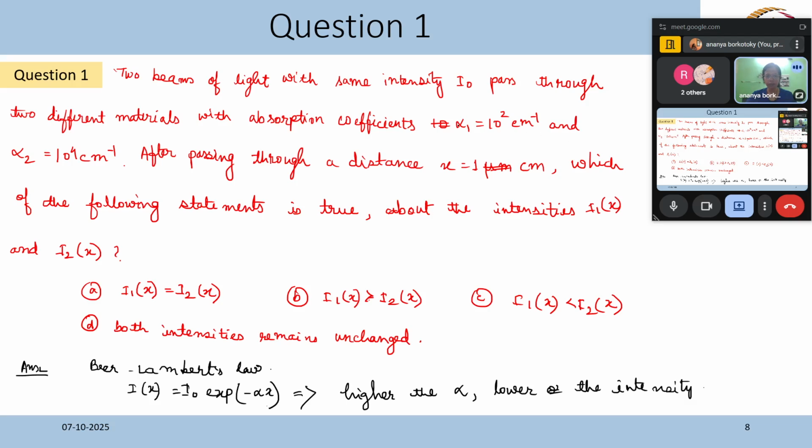My alpha 1 is 10 to the power 2 and alpha 2 is 10 to the power 4, and x is the same, so I1 of x is greater than I2, because alpha 1 is lower than alpha 2. So the answer is B.